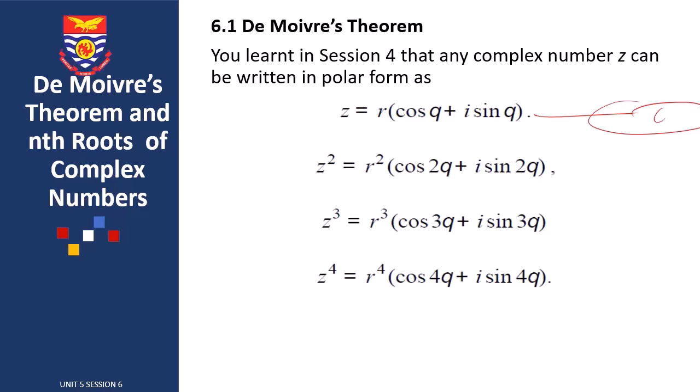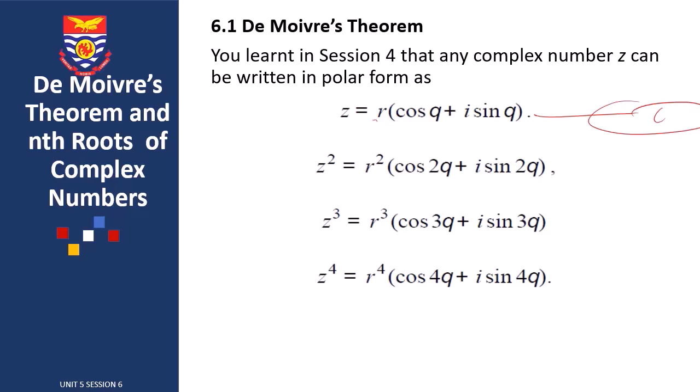De Moivre's theorem gives a formula for finding the nth root or nth power of any given complex number. So when any complex number z is given, with the help of De Moivre's theorem, you can find the nth root of z or z raised to the power n.